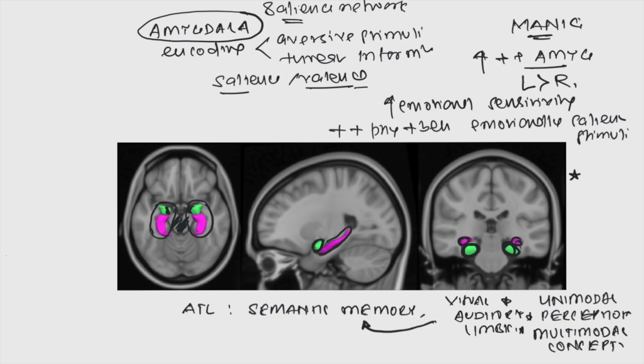So in short, in patients in a manic episode, you see increased activation of the amygdala, more in the left than the right, which in turn leads to increased emotional reactivity or sensitivity and an exaggerated physiological and behavioral response to an emotionally salient stimulus.